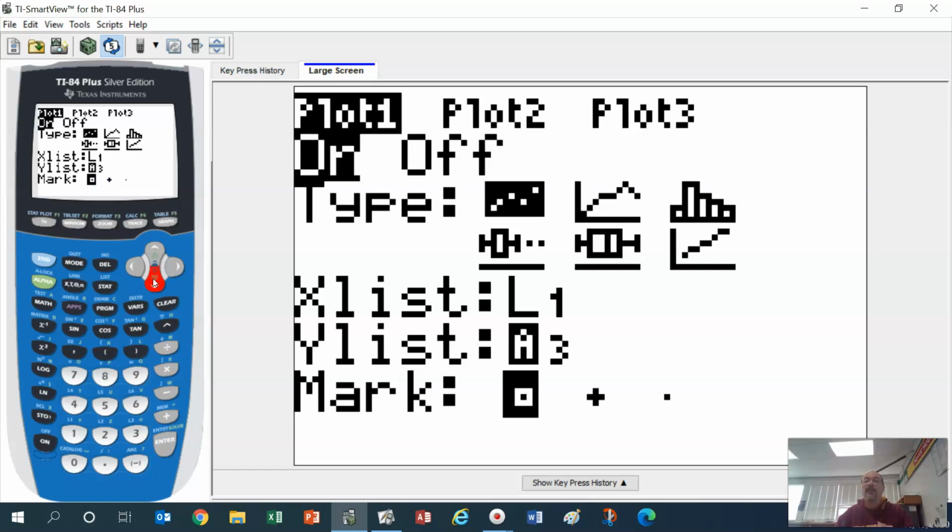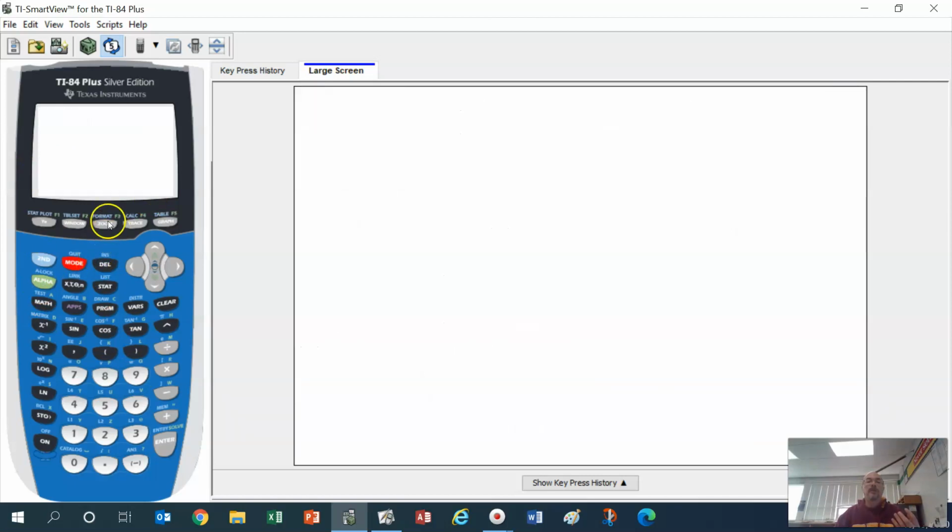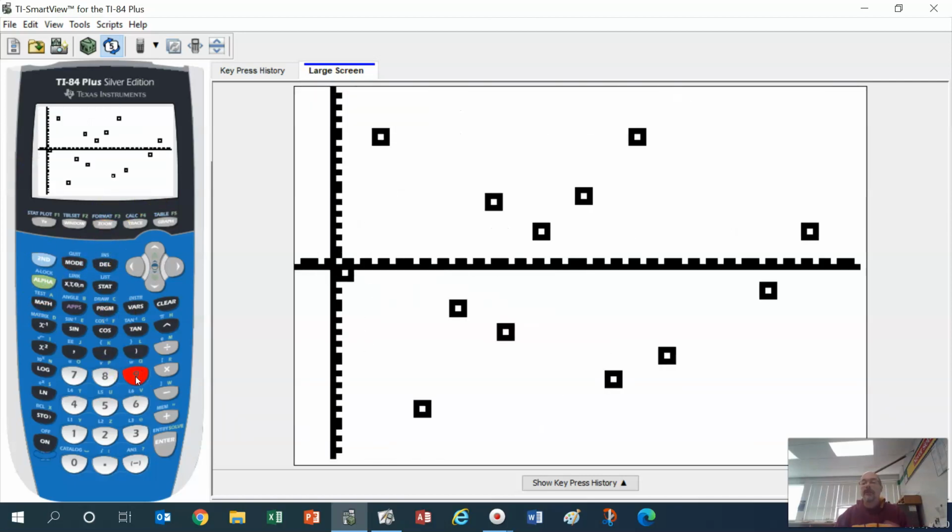So I'm going to plot the residuals against the explanatory variable, and then zoom 9. Okay, just a second. Let me do quit. Zoom 9, and there's my residual plot.